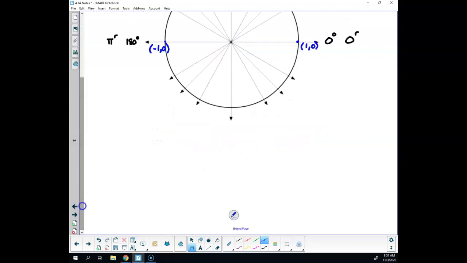Then we'll go down here. Okay? So down here would be 270 degrees, or 3 pi over 2 radians, which is at the point 0, -1. So again, cosine.